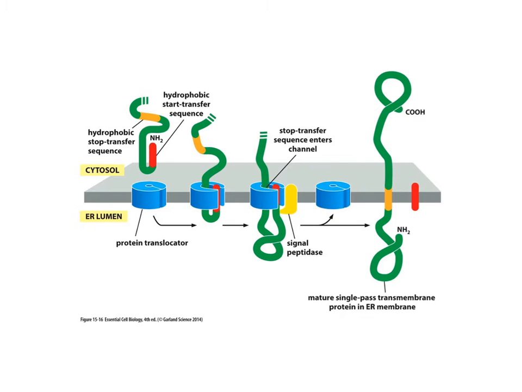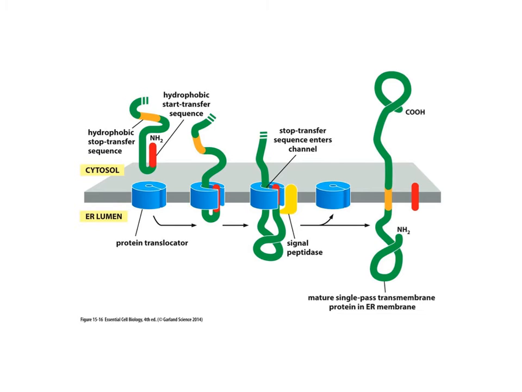Now, we know that membrane proteins can have some very complex topologies. They can cross the membrane one time, many times. They can be combinations of different monomers. There's a lot of different complexities to these proteins. But just to get an idea of how you can get single pass versus multi-pass proteins, I'll show you a couple of the control signals.